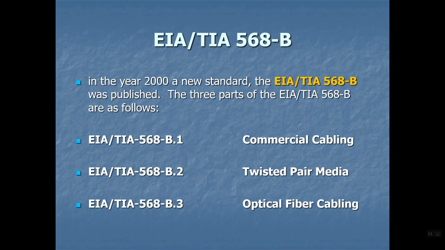All right, so here's B, which is the newest version. It goes over sections B1, 2, and 3: commercial cabling, twisted pair media, and fiber optic.